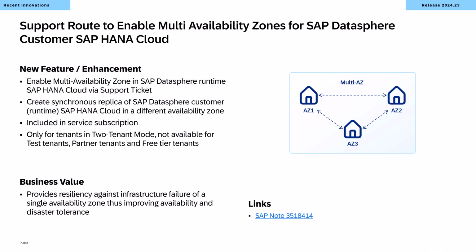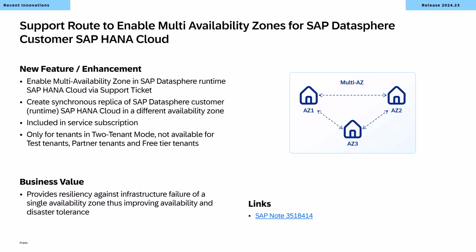So basically, if you follow that support note and then open up a ticket, we can enable that multi-availability zones for you, which then gives you additional resiliency against infrastructure failures on the hyperscalers, compared to the current single availability zone versus multi-availability zones.